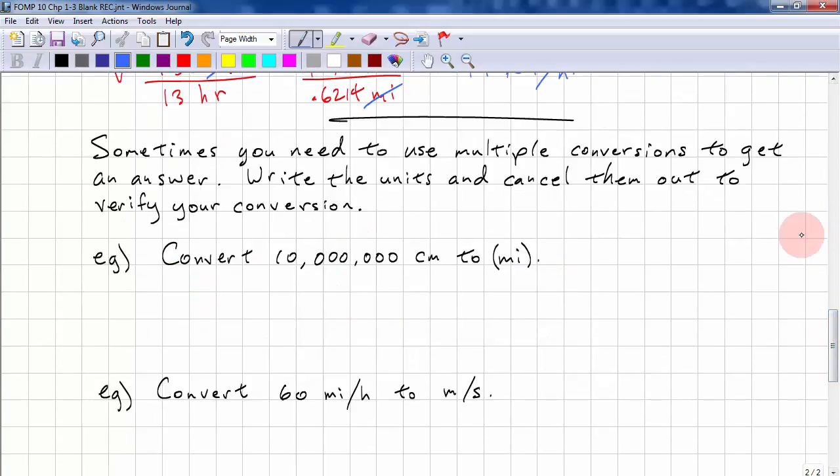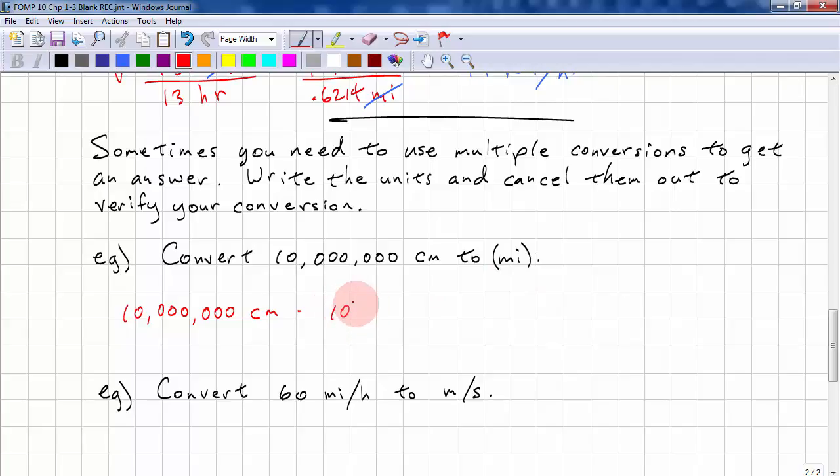Sometimes you need to use multiple conversions to get an answer. And what you want to do is write the units and cancel them out to verify your conversion. Convert 10 million centimeters to miles. It's not something that you're going to do every day, but it's good practice. Our first conversion, let's convert to kilometers.